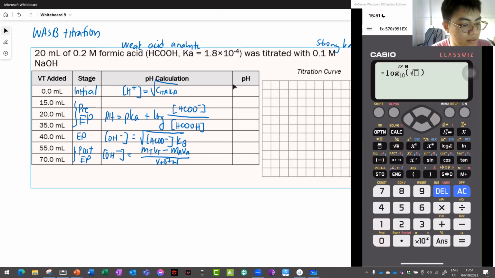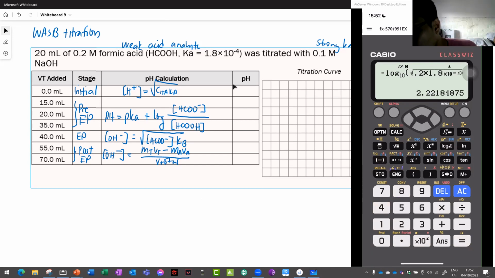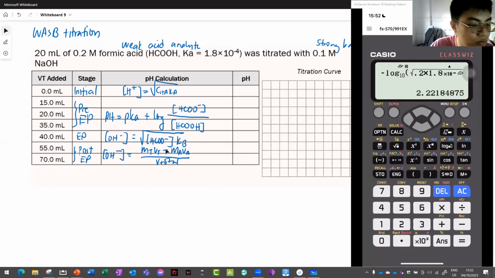It's 0.2 molar. And the Ka is 1.8 times 10 raised to negative 4. So this is my initial pH. So the pH is 2.22. Okay, so let's write pH equals 2.22.